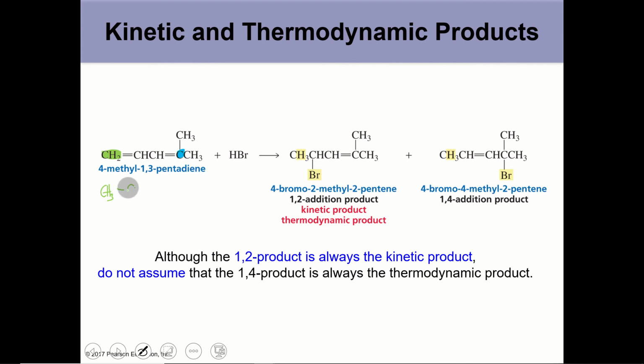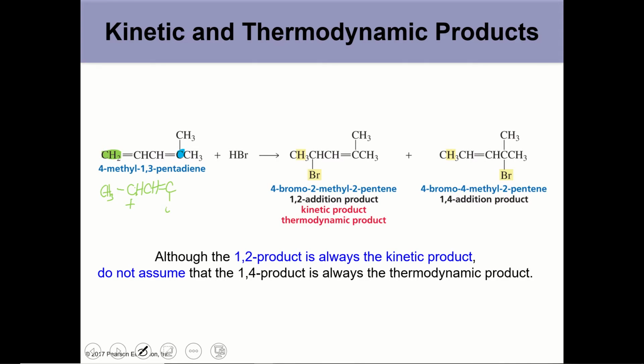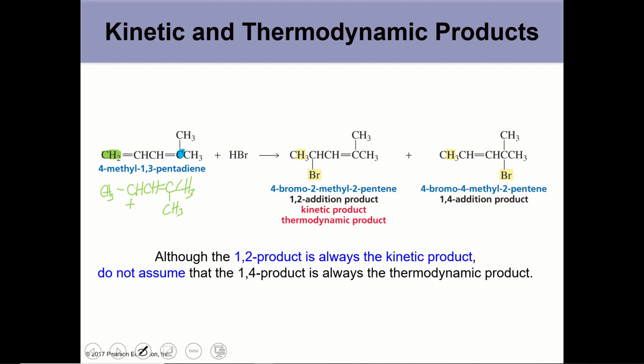Okay, single bond, CH, positive charge, CH, double bond, C, methyl group, methyl group. So which is the most stable? Is it the green or the blue that gains a hydrogen?